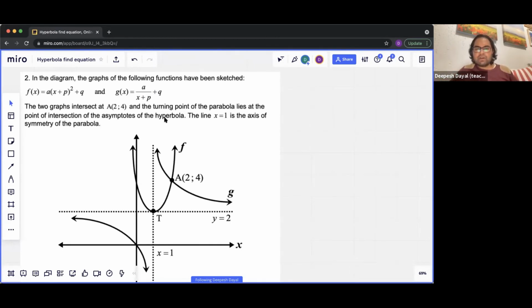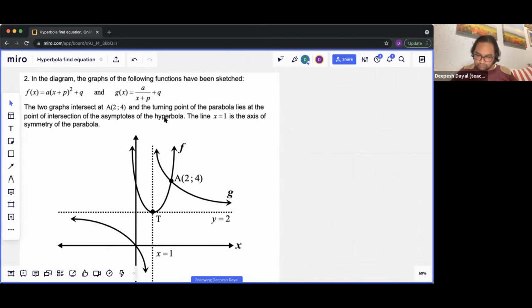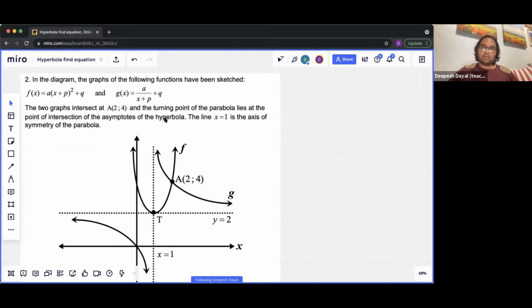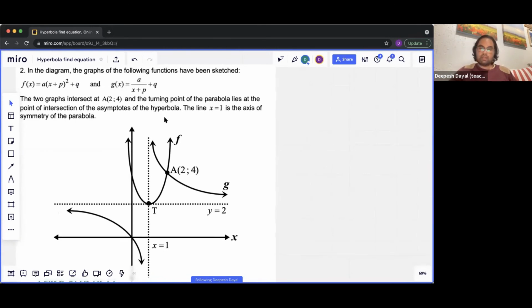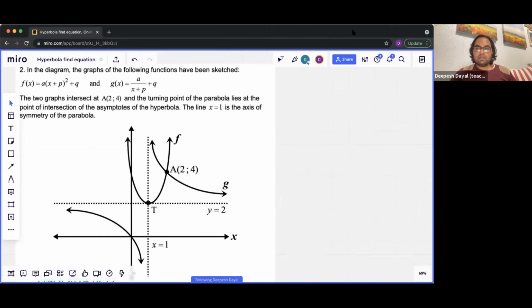Thanks, Lisa. Okay, right. But what are we going to focus on? In this question, are we focusing on f(x) or g(x)? You can just type in the chat. g(x), cool. a over x plus p, plus q, and now you know that p represents the asymptote and q represents the asymptote, and a is positive or negative quadrant.